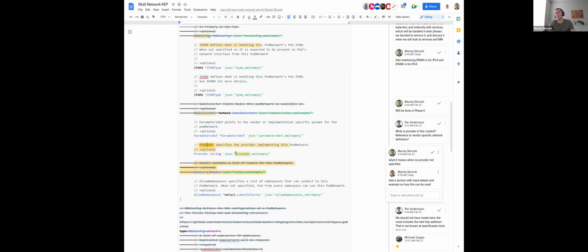So this is just a field, but explaining it took us like 20 minutes. And then also this provider is related to params ref, right? So the params ref is the vendor or implementation. Maybe we should mention the params ref of the provider's object or something.